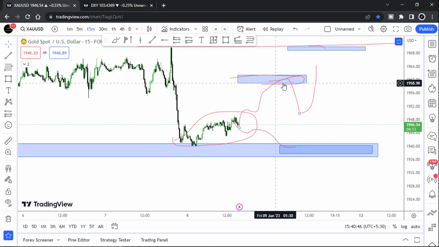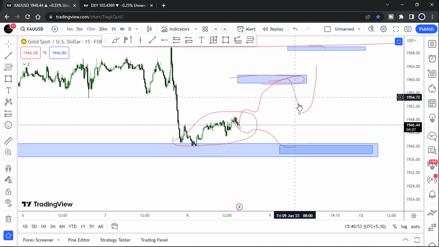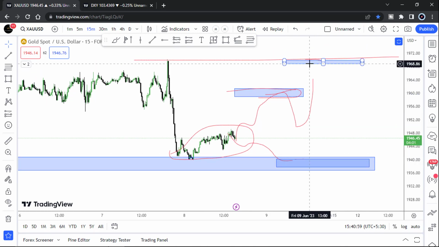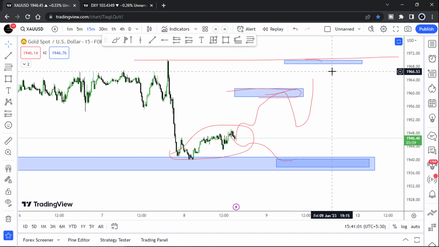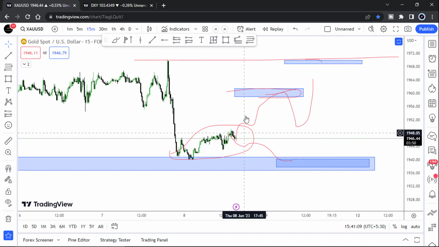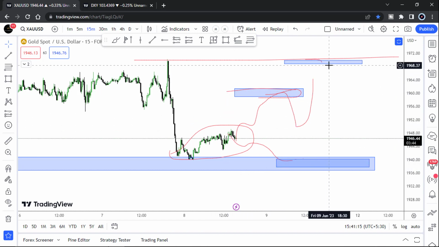You can hold up to 2 to 3 hours, maybe even less, like 1 hour scalps, and it goes up again to these areas. My main target is this uptrend up to this area. That will probably take around 48 hours, maybe 72 hours, I don't know. However, my target is around here. While the market creates this main uptrend, these are the reversing areas to make some short-term trades.